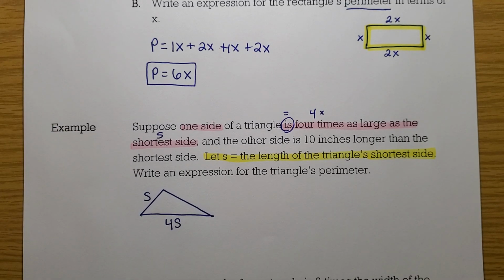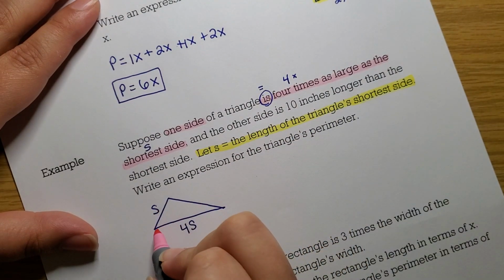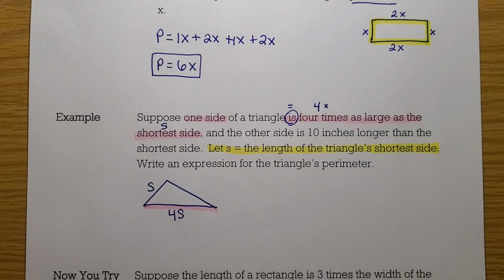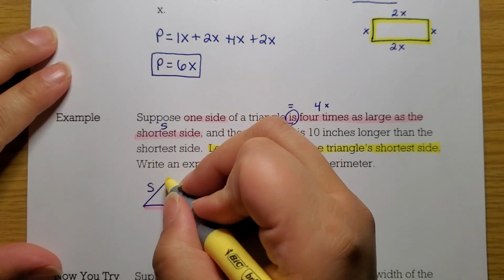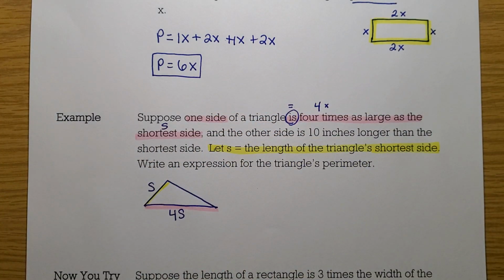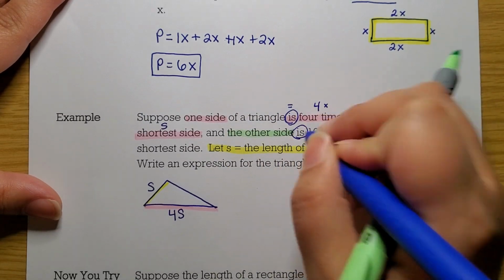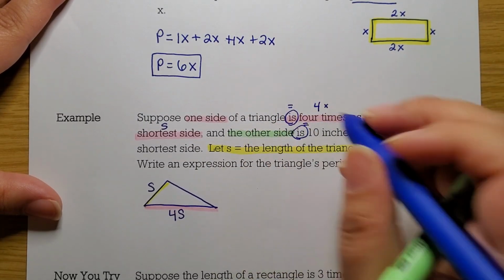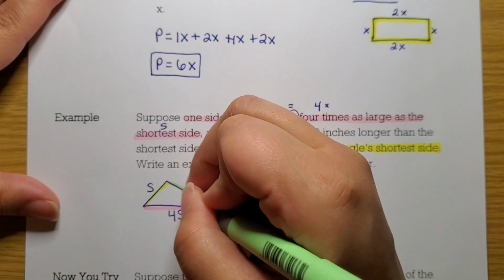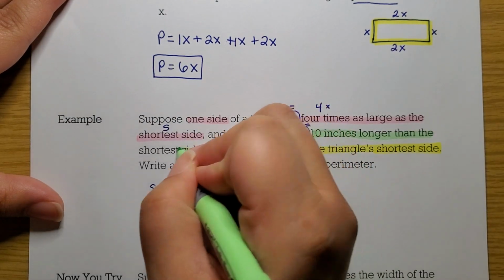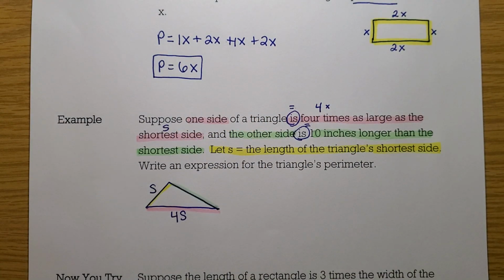Okay, so I'm just going to diagram here that this was the pink side, and then this is the yellow side. Kind of helping me out here, how I did this translation. Then it says the other side is, I like to circle "is" because that's my equals. So this side is going to be 10 inches longer than the shortest side.